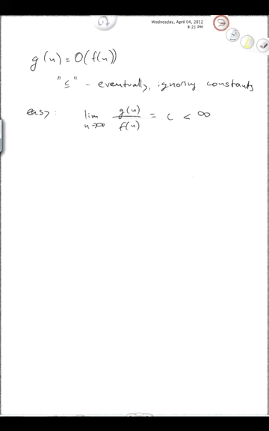So just to give you an example of this, let's say that we're looking at if n is big O of n squared. So applying the easy definition, we take the limit as n goes to infinity of n over n squared, which is just equal to the limit as n goes to infinity of 1 over n, which is 0, and that's indeed a constant less than infinity. So yes, this is true. n is indeed big O of n squared, or intuitively, n squared grows bigger than n.